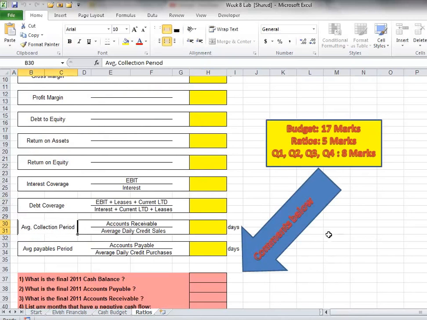Collection period: we have a special Excel thing there where we have to use, I'll just write it out here, AR divided by the percentage of our sales on credit times sales in brackets, divided by 365 in brackets.